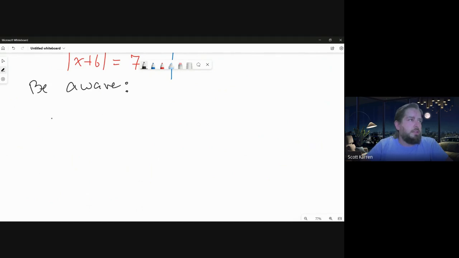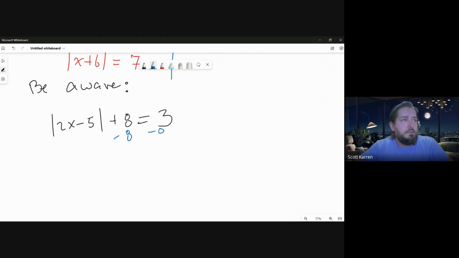If you have something like, say, the absolute value of 2x minus 5 plus 8 equals, let's say, 3, right? Again, the first thing I want to do is isolate that absolute value. So I'm going to subtract 8 from both sides. The 8 cancels out, isolates my absolute value. So I've got that 2x minus 5 in absolute value on the left equals negative 5 on the right.